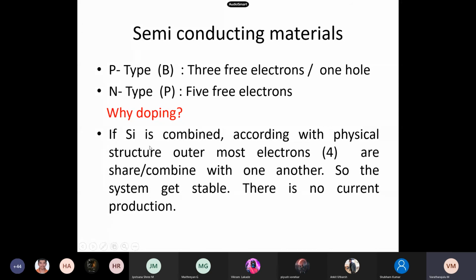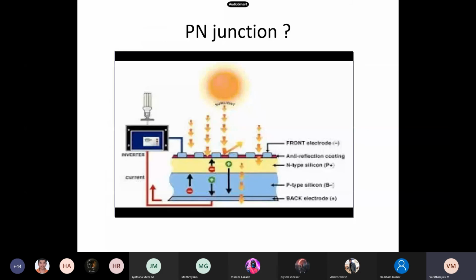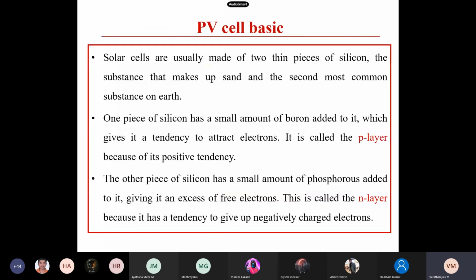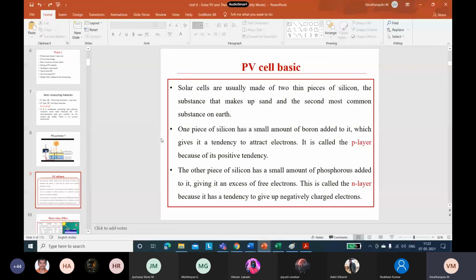If the silicon is combined according to the physical structure, the outermost electrons are shared with one another, so the system gets stable. There is no current production, and subsequently we are getting the power through the PV cells, and we will continue our session in the subsequent class.